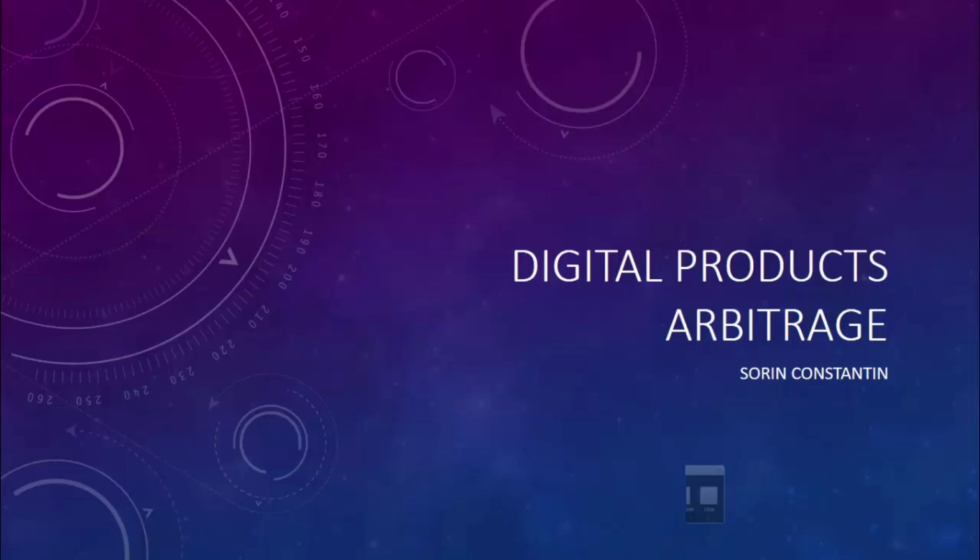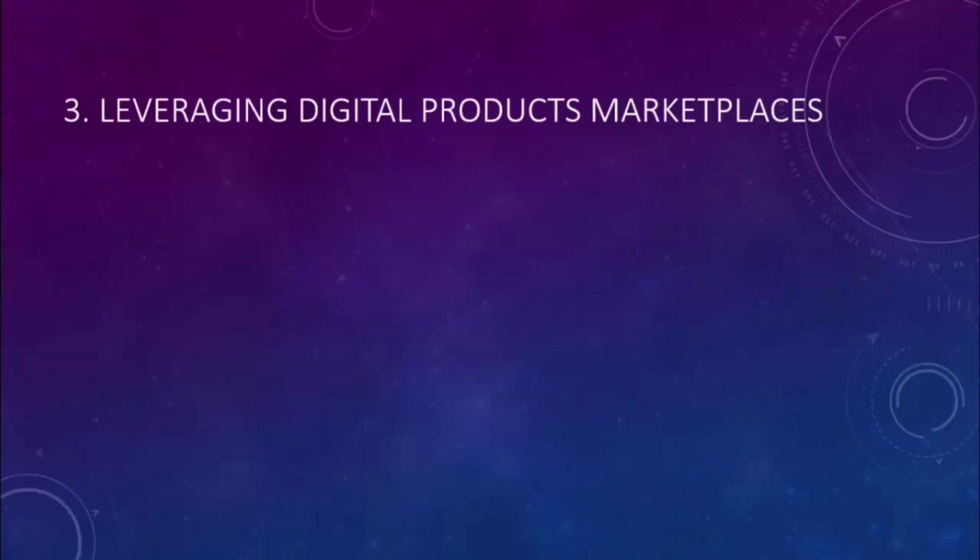You can send it through the internet. It's actually much easier in my opinion, but both of the business models are very lucrative. This is just another way for those of you who prefer to do arbitrage with digital products. Now let's see exactly what this digital products arbitrage is all about. So let's dive into the information.